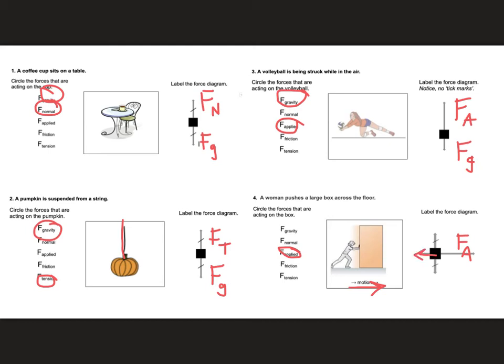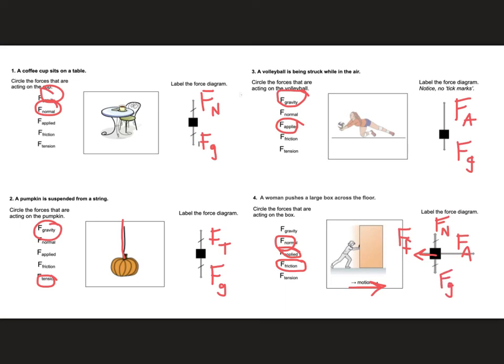That is the frictional force. So we'll call that F sub f. And then just like with the cup in the first question, there is a surface pushing up on the box, and so there is a normal force, and gravity is pulling down.